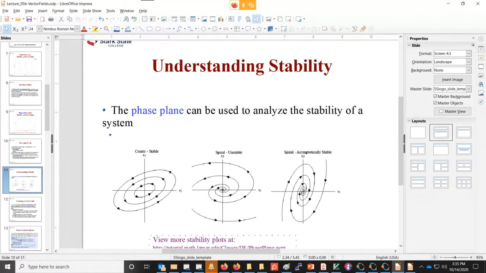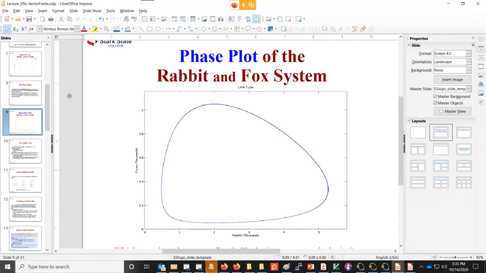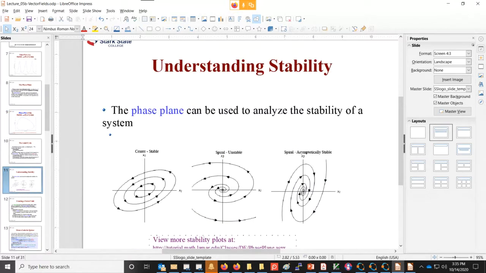Now, these limit cycles can be stable, which is what we have here. It's unchanging as long as we don't have any outside forces. But you can get stable systems or unstable ones.